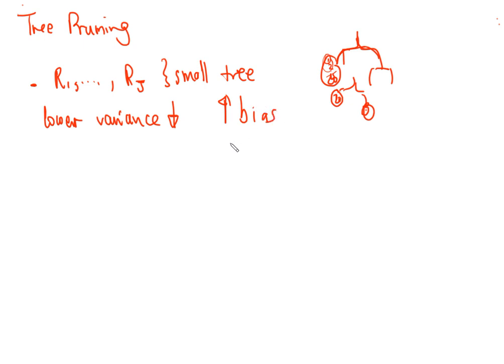So one possible alternative to the process described in the previous video is to build the tree only so long as the decrease in RSS due to its split exceeds some high threshold.